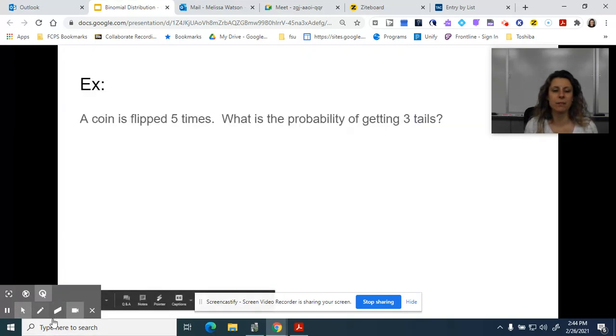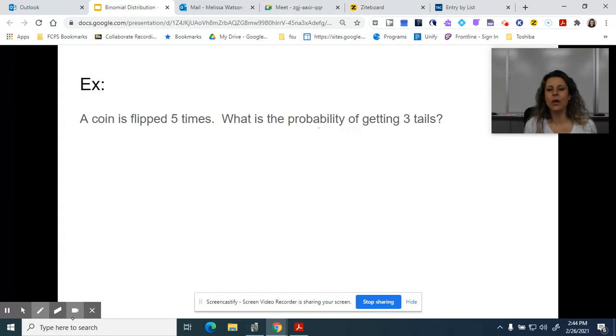All right, the first example says, a coin is flipped 5 times. What is the probability of getting 3 tails? Okay, so let's just go through and make sure that this is a binomial setting first. We're flipping a coin. So we have to make sure that that coin only has 2 outcomes, and we can label them as success versus failure.